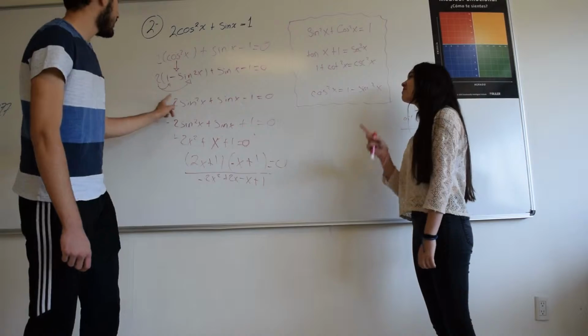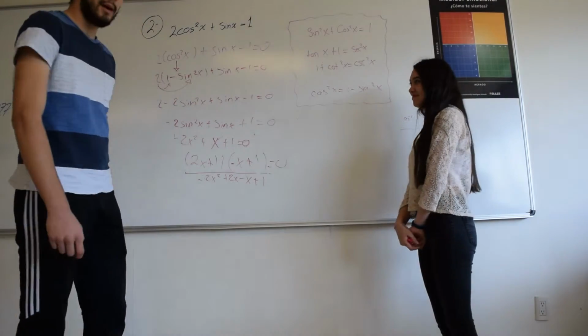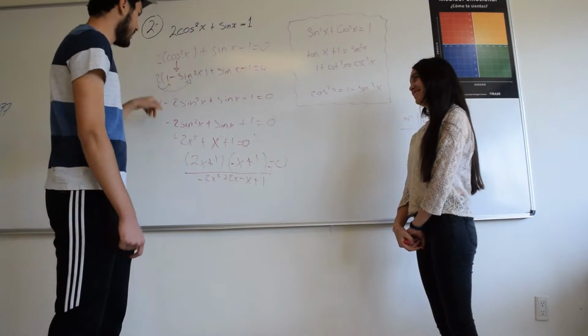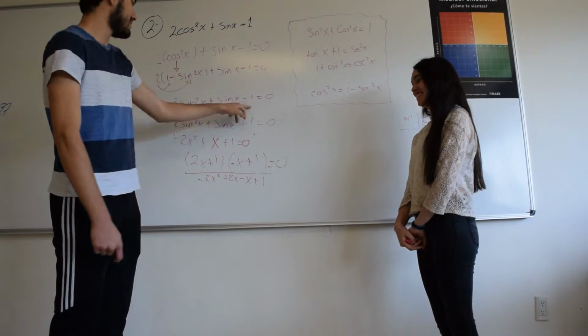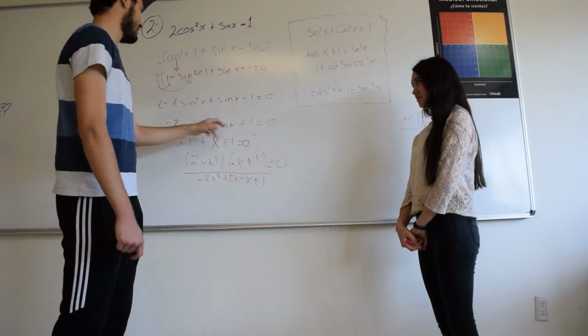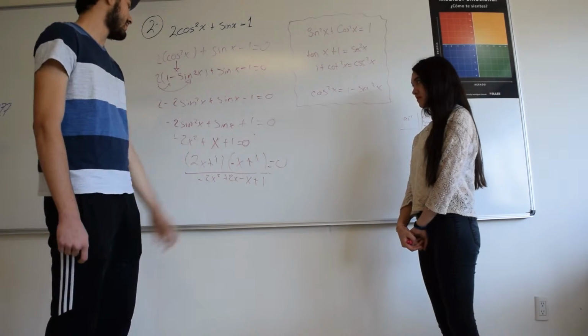We multiply this by this, and here we have two numbers, and we only subtract this, and it's plus 1.